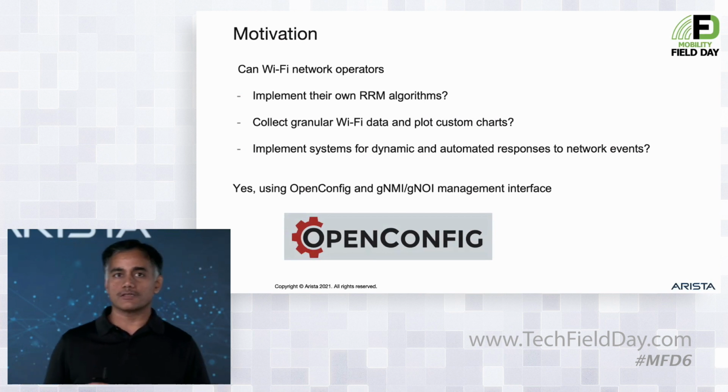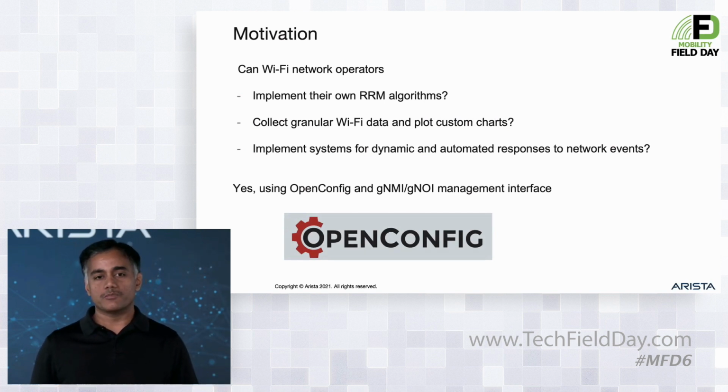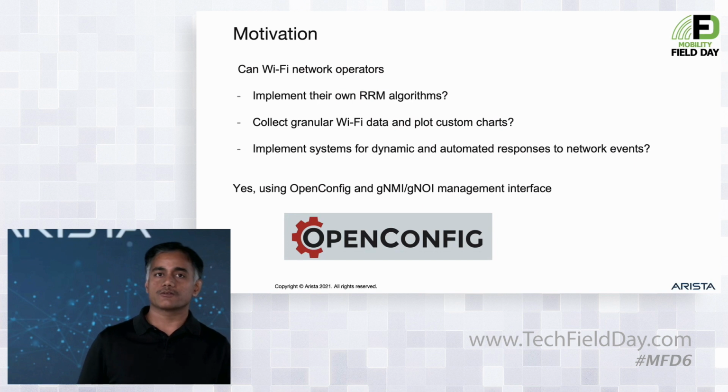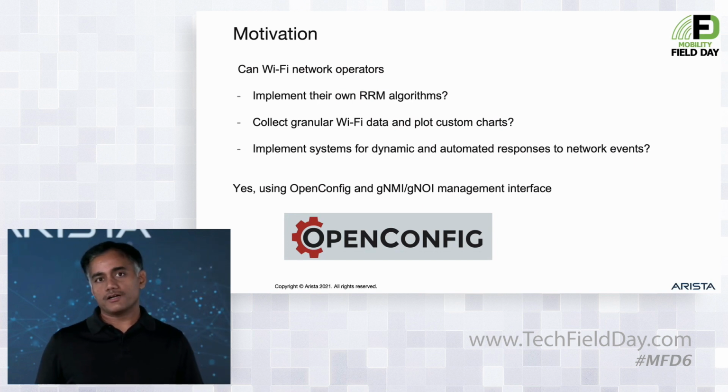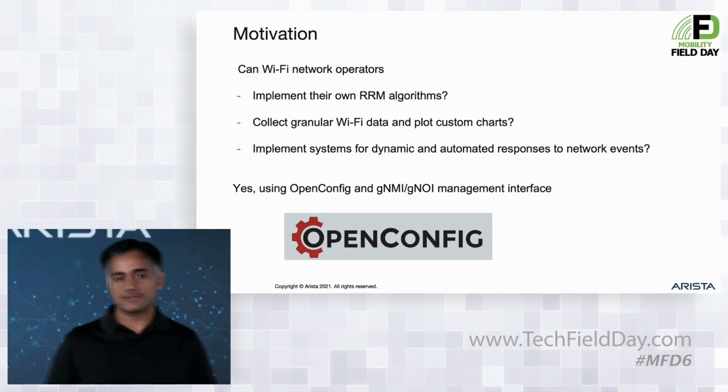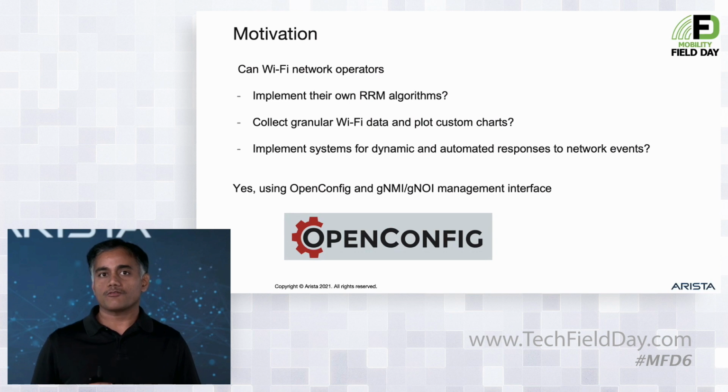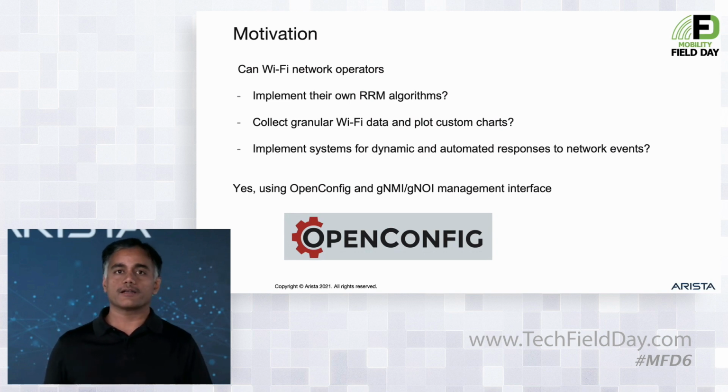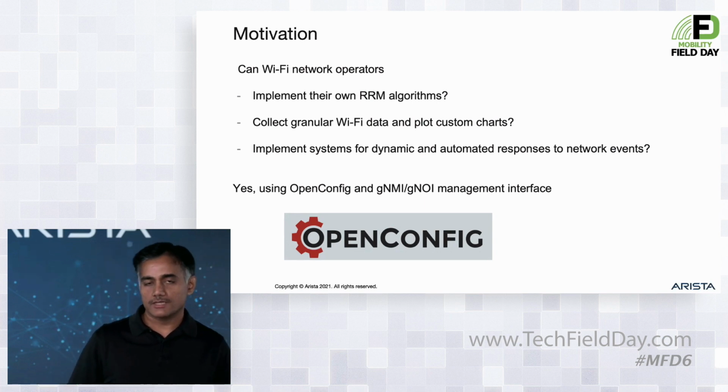I'll talk about the OpenConfig interface that we have built into our access points. Essentially, can large enterprises and universities build their own auto channel or auto power algorithms that suit their specific needs? Can they get really granular raw Wi-Fi data, be it RF data, client data, or application data, into their own collectors, and start looking at specific aspects of their networks?